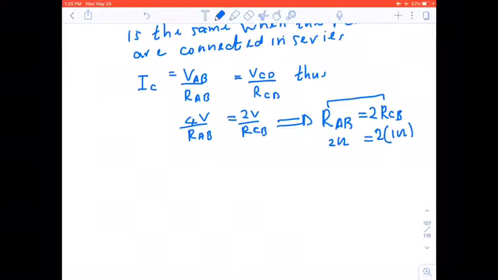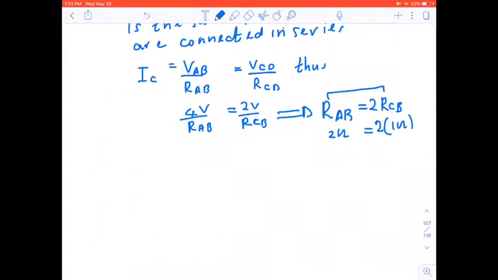So let's not go there because I have indicated that. So then the current in the circuit, we can say I is equal to, now we got still 6 volts, correct?